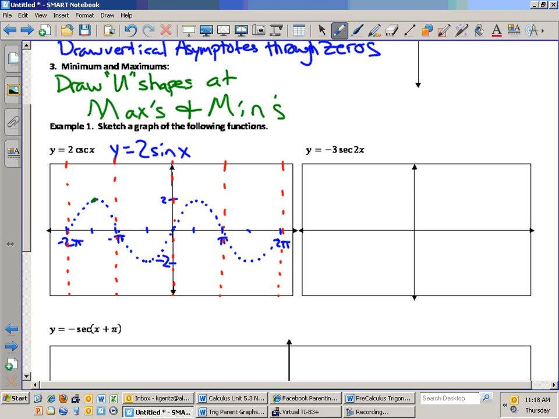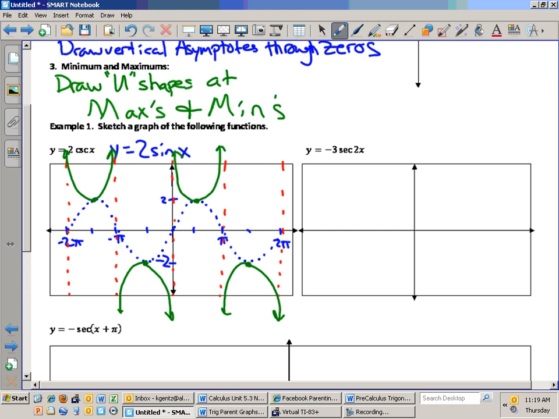True or false? It touches tangent at that spot. True, because the height right here, again, when we take the reciprocal of 1, we get 1. So it works out in that situation. A parabola would continue on for all real numbers, and this one does not. It approaches the asymptote.